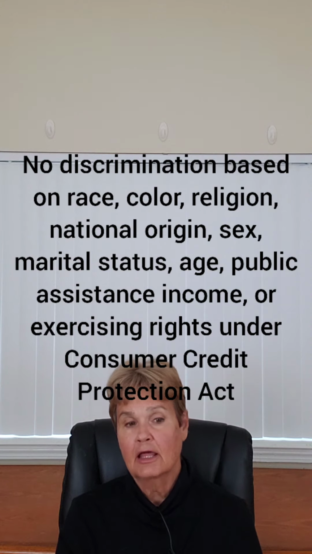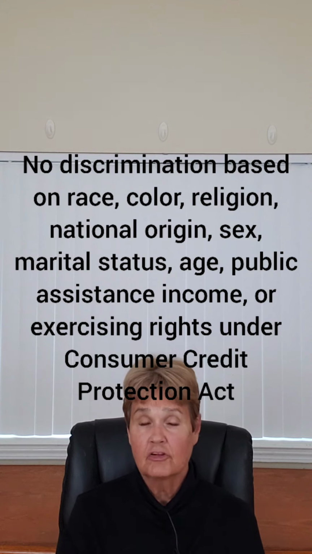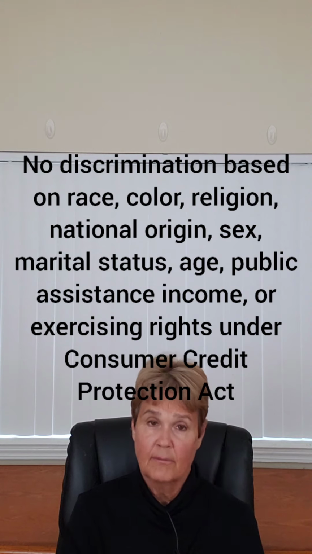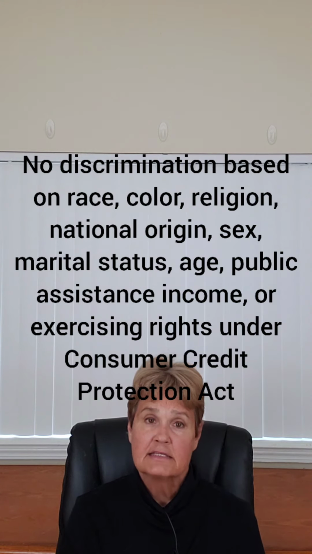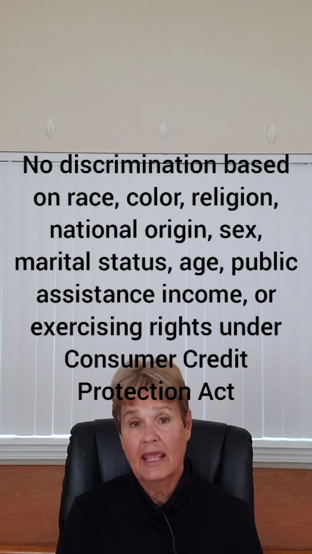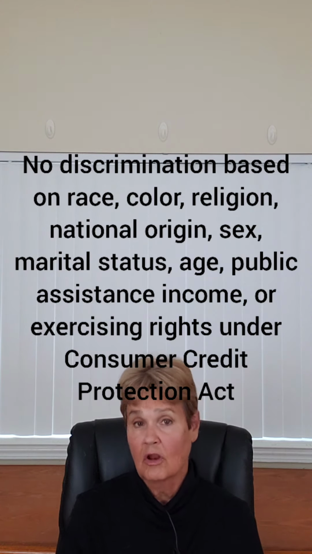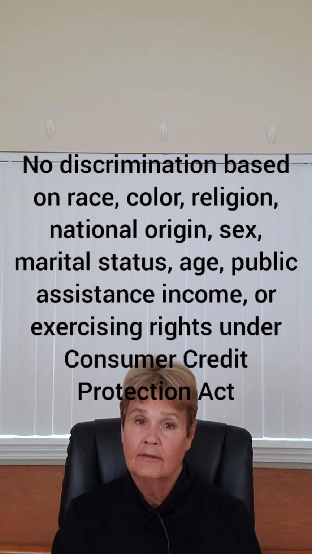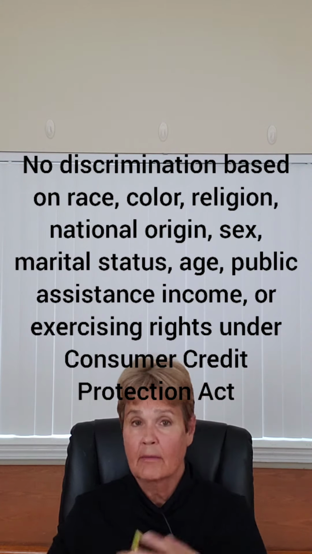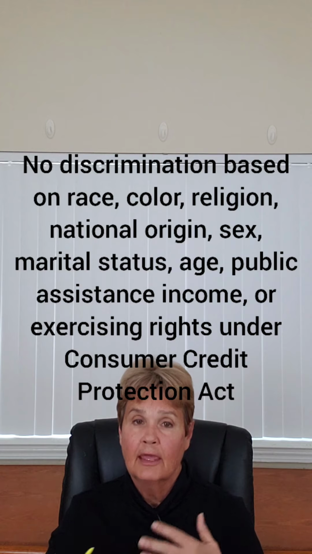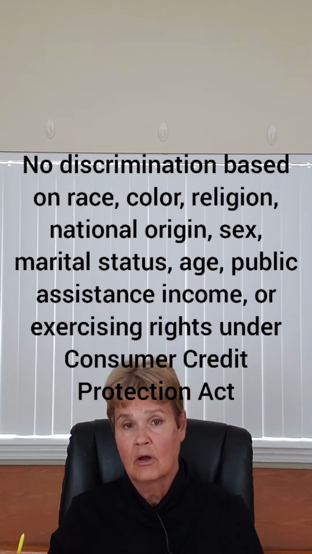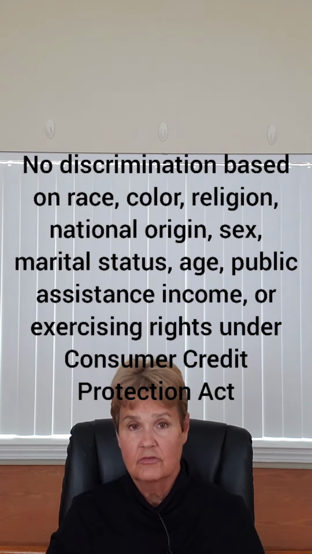Receipt of public assistance funds: if they were previously a Section 8 tenant, you can't use that as a basis for discrimination. States may have temporary cash assistance to families that are lower income, and maybe they pulled themselves up. Maybe they won the lottery. You can't discriminate based on receipt of public assistance.